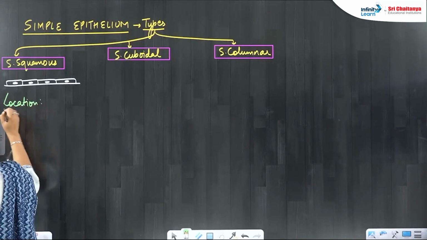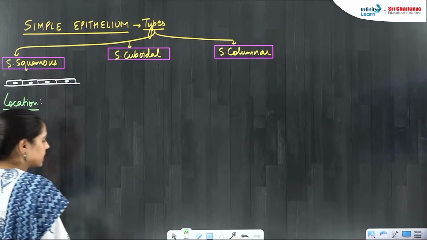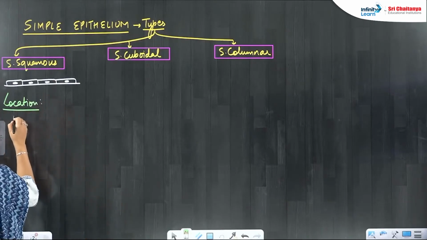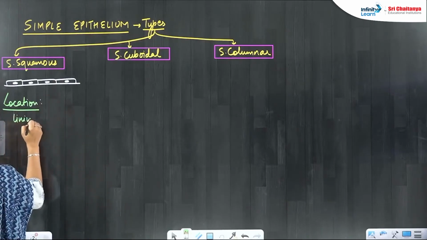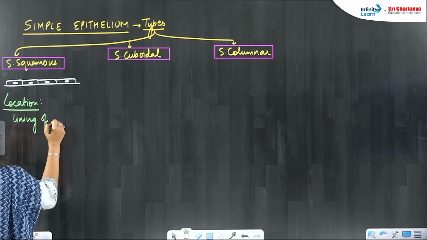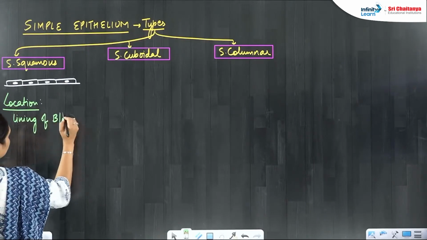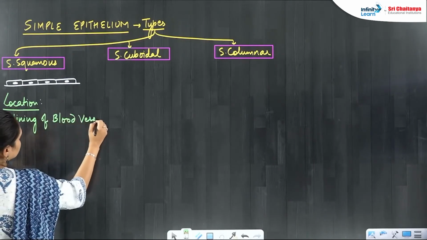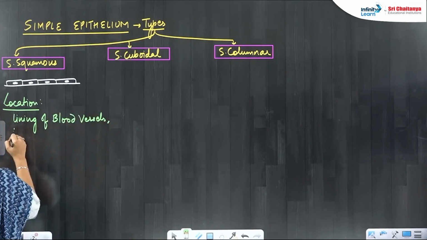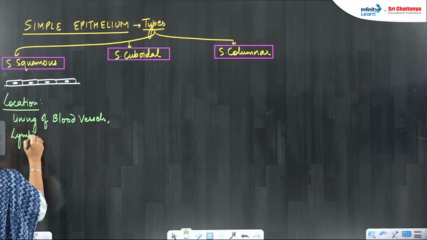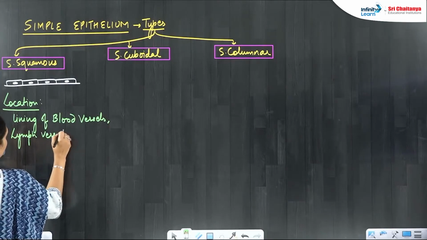If you see the location of squamous epithelium, you will find it in the lining of blood vessels, in the lining of lymph vessels, and in the lining of the lumen of the heart, where you call it endothelium.